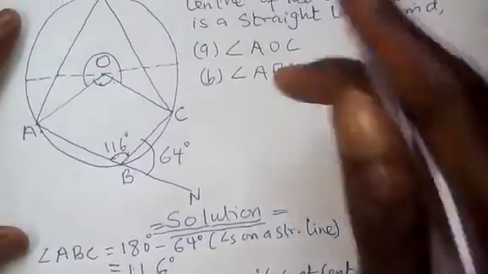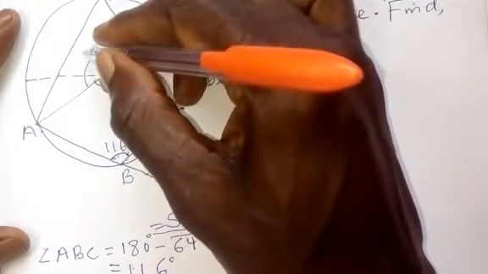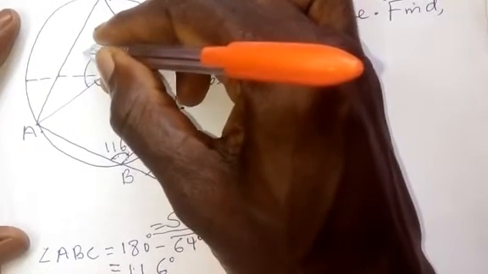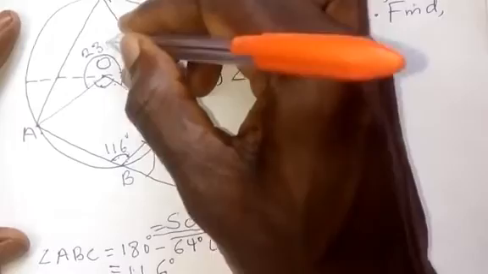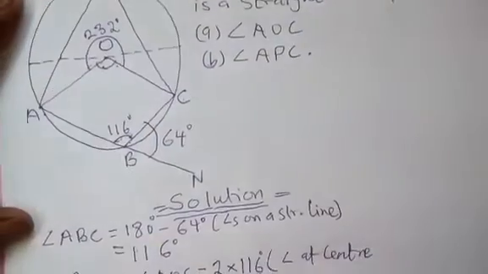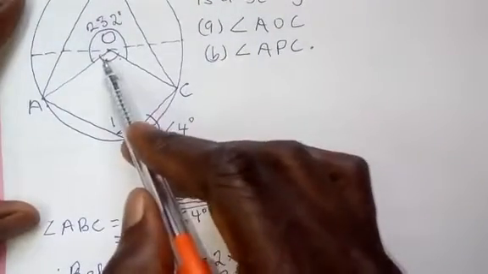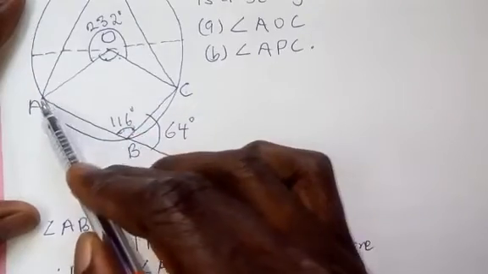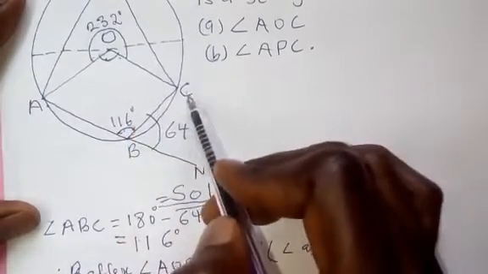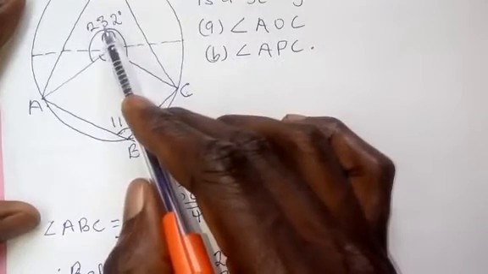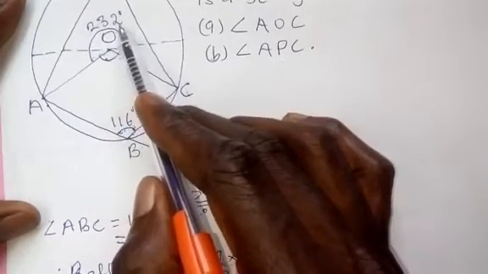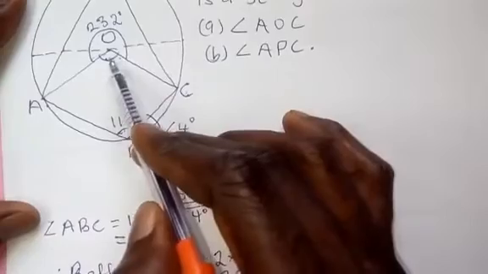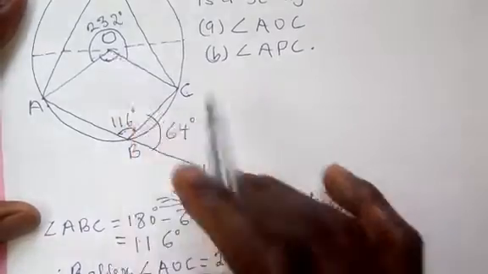So that means that the angle that is at this reflex side is 232 degrees. So from here, we can easily get the angle at center, which is angle AOC, by subtracting 232 from 360, which is the angle at a point.